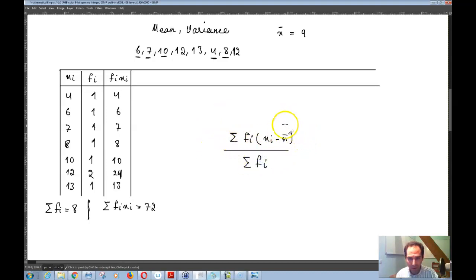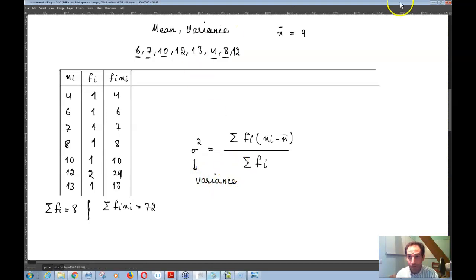That is called lowercase sigma squared, which is simply called the variance.